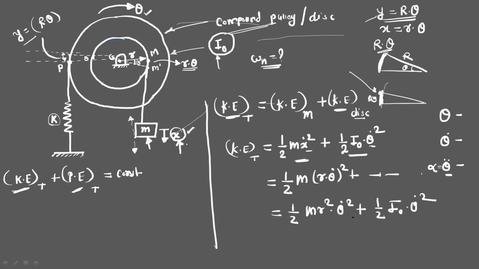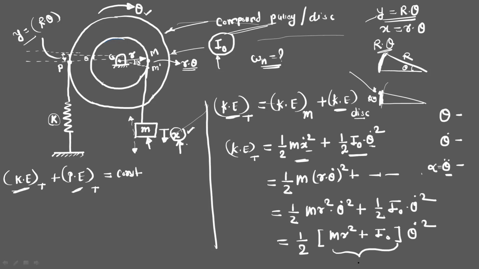So this is the total kinetic energy. We can write this in the standard format: 1 by 2 times m r square plus I0 into theta dot square. This total quantity is called the equivalent mass or equivalent mass moment of inertia.